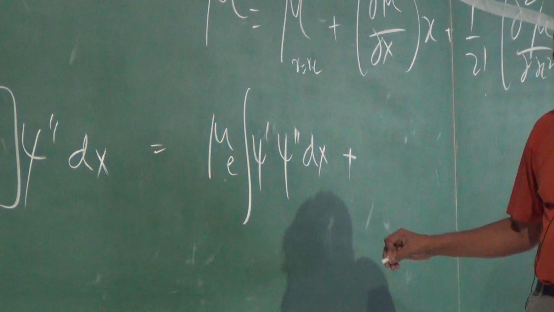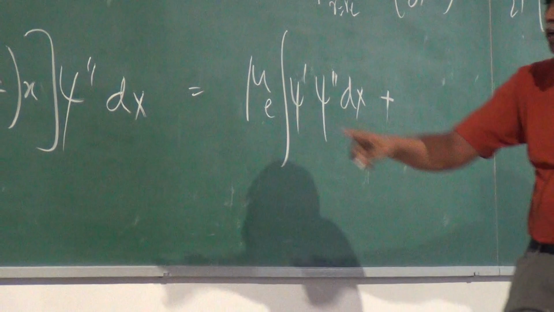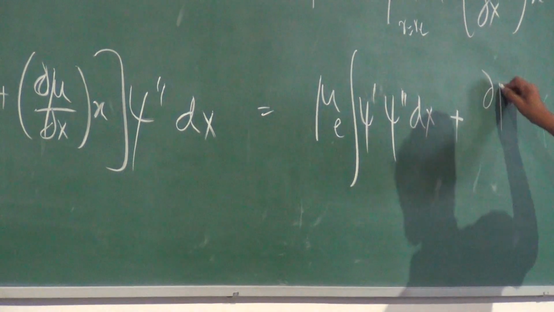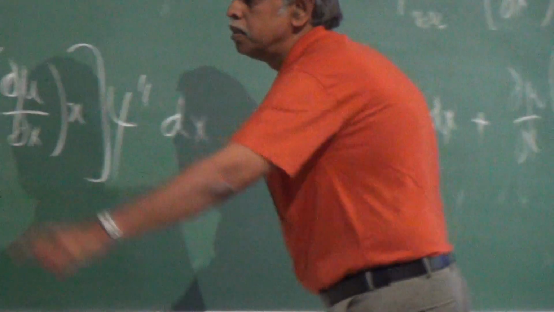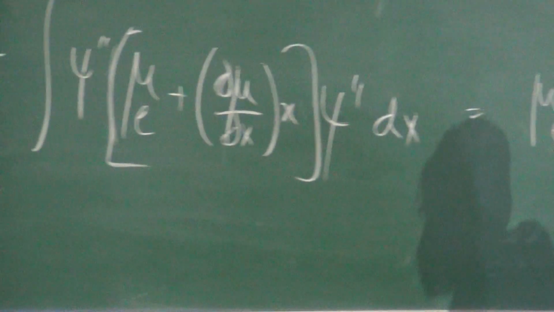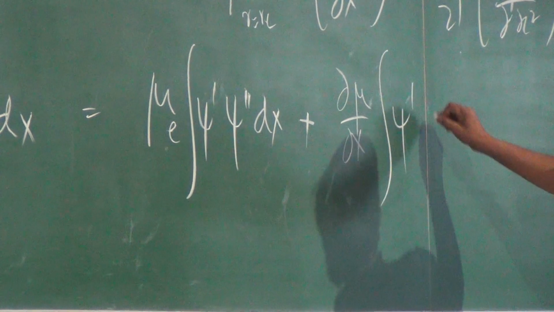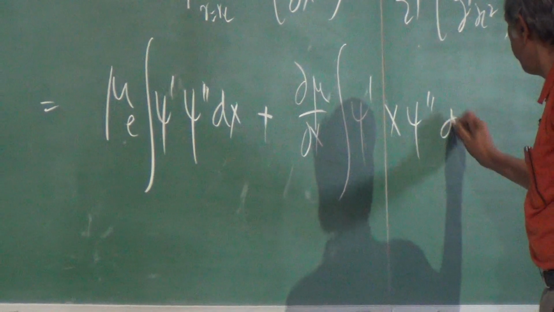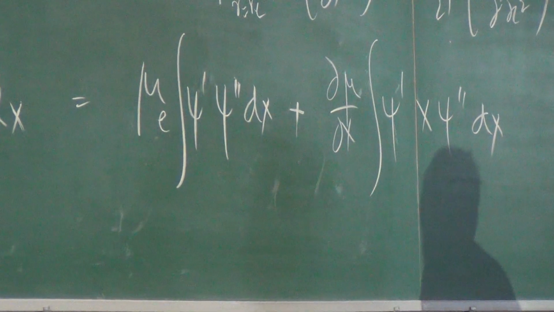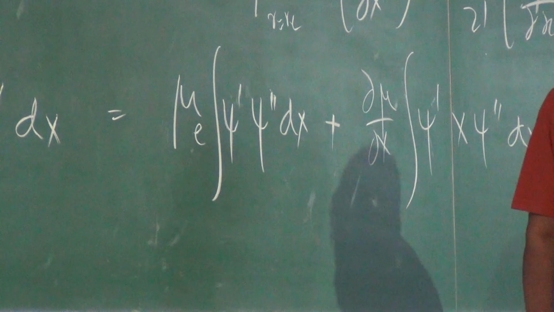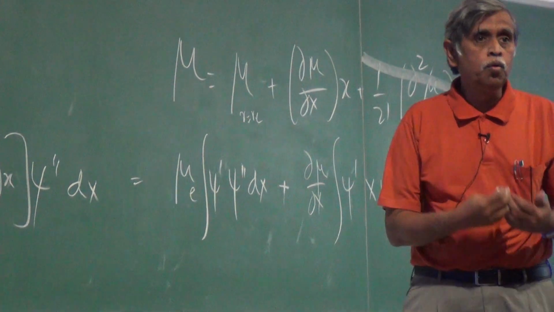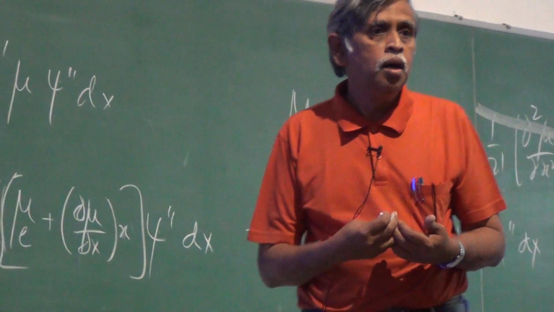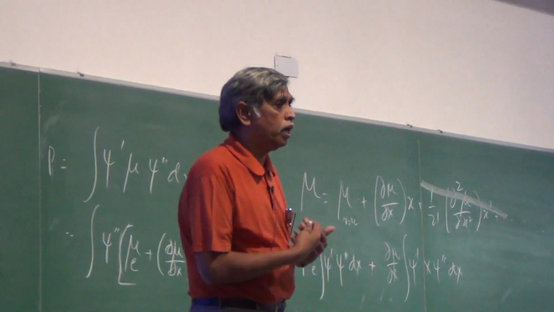The next term is going to be d mu over dx times the integral of psi prime x psi double prime. This is basically what that integral turns out to be when I expand the dipole moment around mu at R_e.